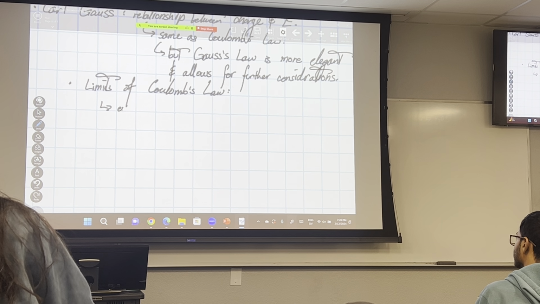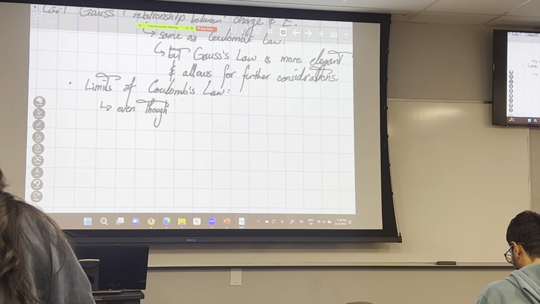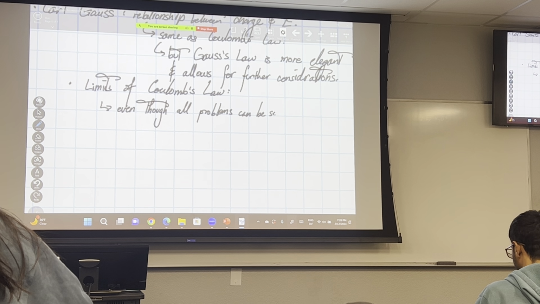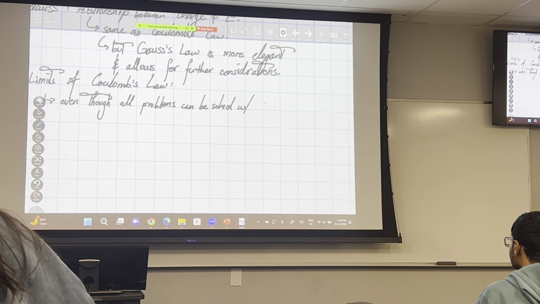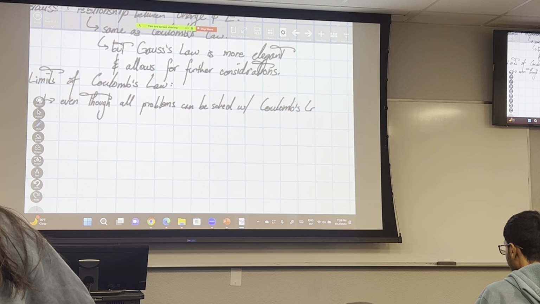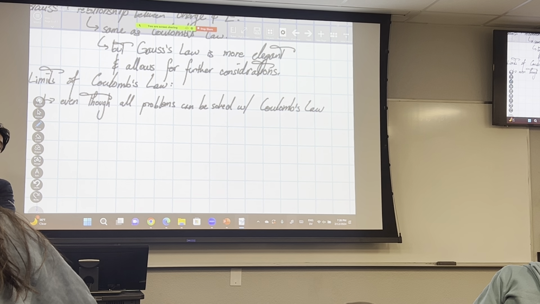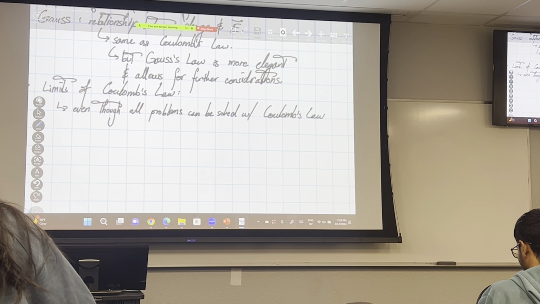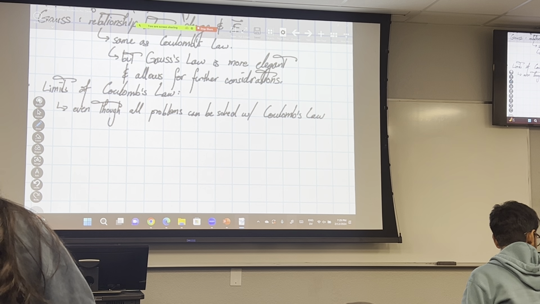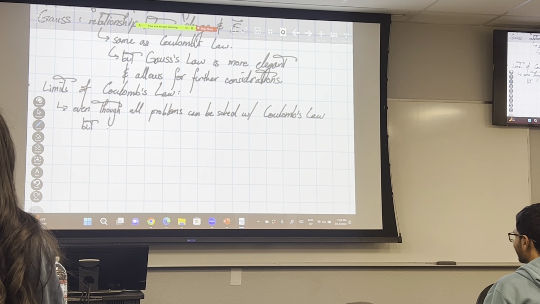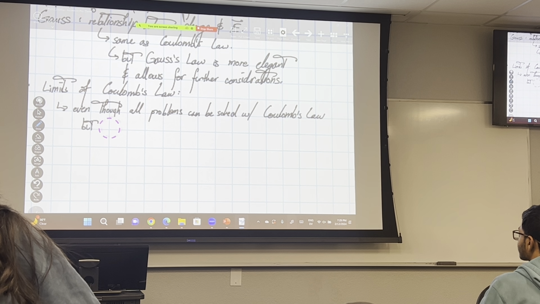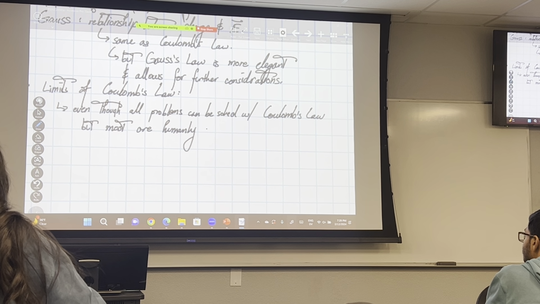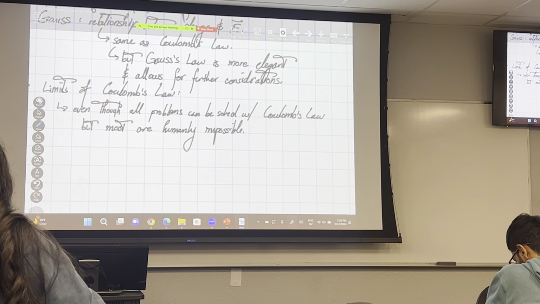The limits of Coulomb's law: even though all problems can be solved, so even though there is nothing that Coulomb's law cannot do, not all of it is humanly feasible. Most problems are humanly impossible, meaning that it simply takes too much time.